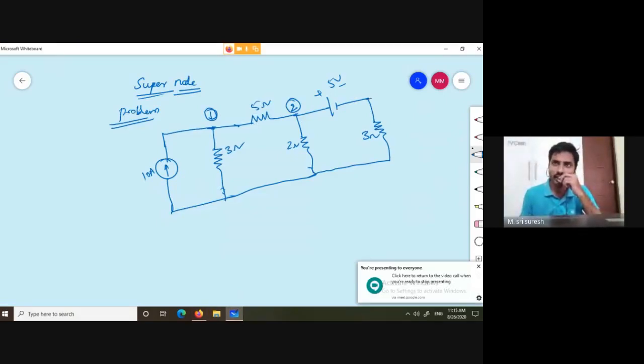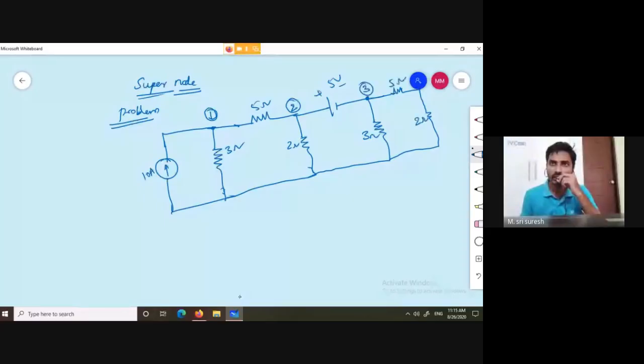Now I am extending the circuit with another resistor in order to form a supernode. Supernode means that in between two principal nodes, there is some voltage source existing, like this. Here we can see three elements are joined, so this is another principal node.